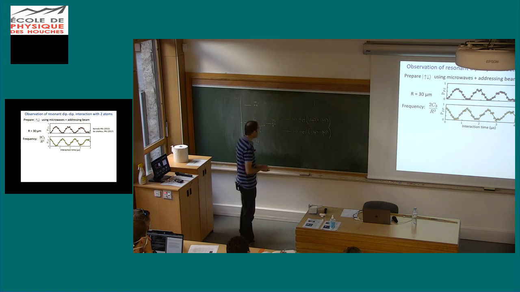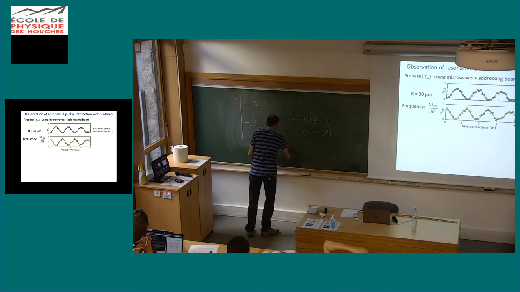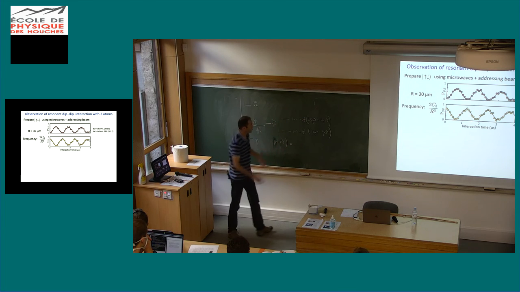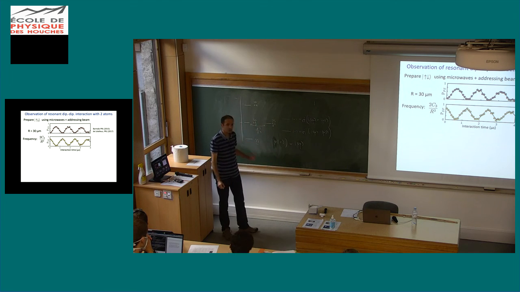Okay? Why is it so? Well, this is the kind of quantum mechanics that you learn pretty early on. Your initial state is what? Let's say it's the state PS or SP, doesn't matter. This is your state at t equals 0.